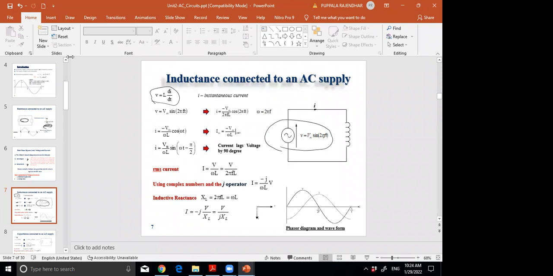And one more question. If a DC supply is given to an inductor, then what happens? Any answer?